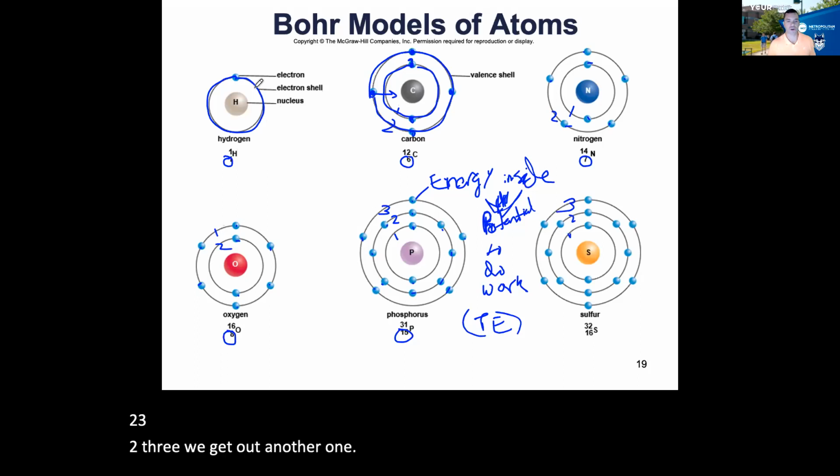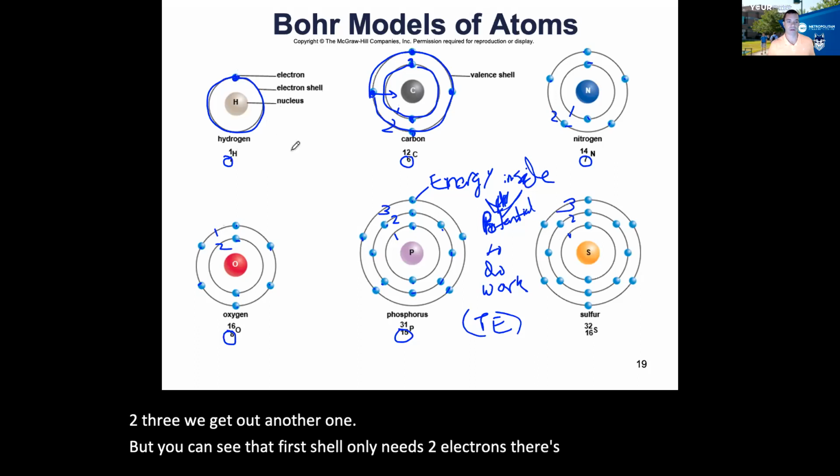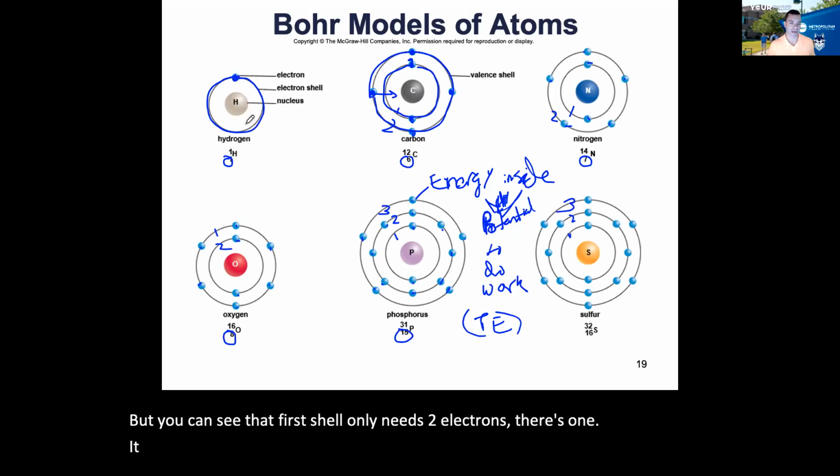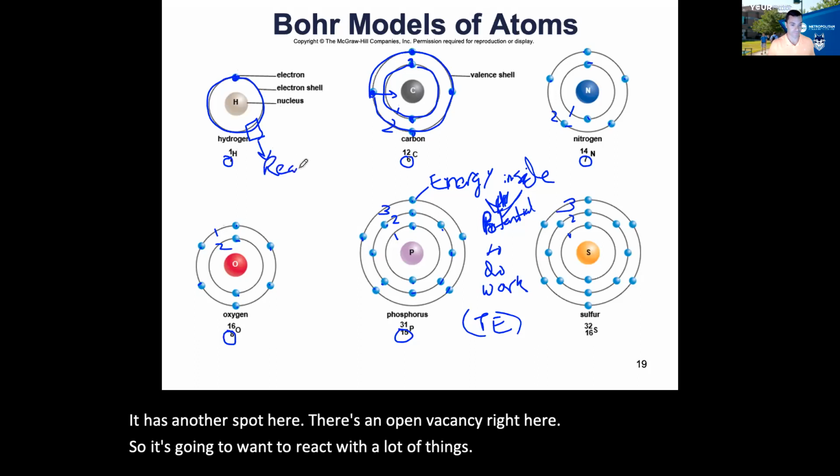But you can see that first shell only needs 2 electrons. There's one. It has another spot here. There's an open vacancy right here, so it's going to want to react with a lot of things. It's going to react very easily.